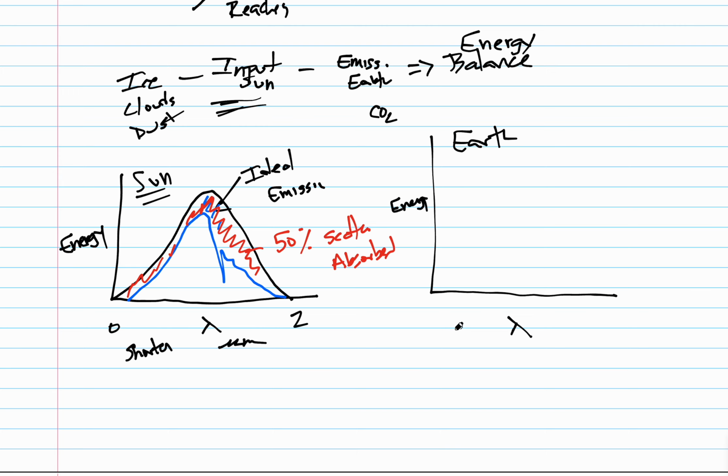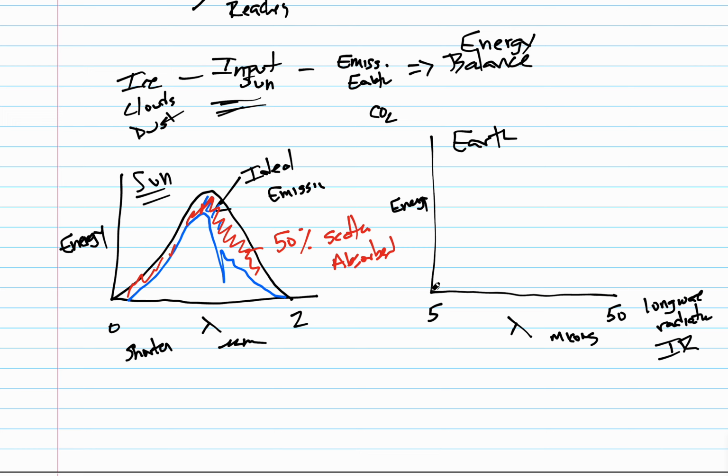Whereas the emission from the Earth is longer. This is like 5 microns to 50 to 70 microns. And so we could call this long wave radiation. This is infrared. This is heat.